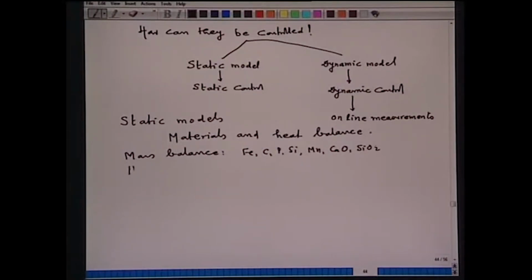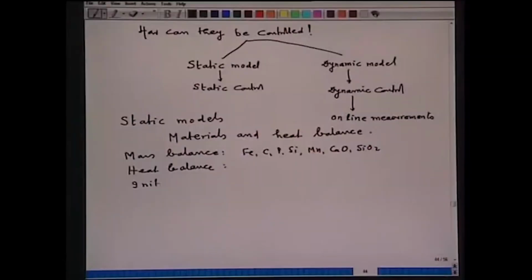Then heat balance is also done. All heat producing reactions are considered, and a balance has to be made between the amount of heat which is generated and the amount of heat which is used, so that the required heat output can be obtained.